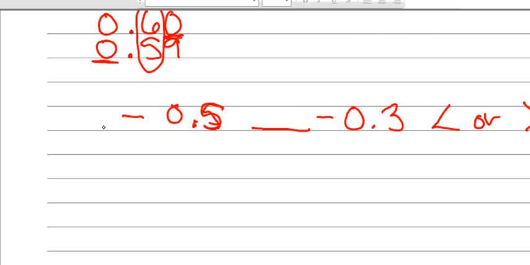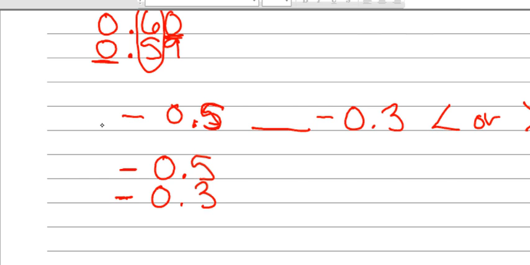So if I'm lining these up, not negative right now, this is bigger, but they're negatives.